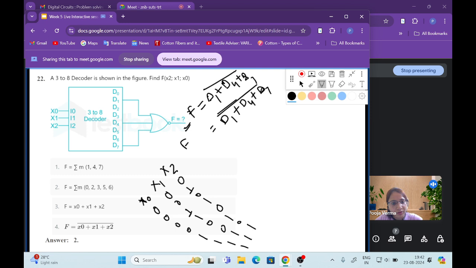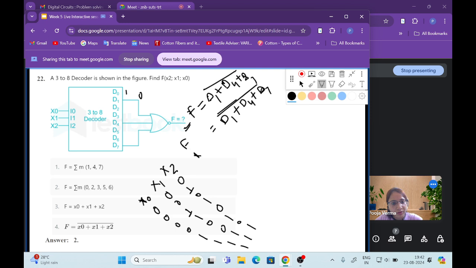Now we have to check at 0, 0, 0, D0 will be high, right? Then D0 will be 1 and all others are 0, right? So if we take 0, 0, 0, ignore D1, D4, D8, these are 0, then we will get 1, right?